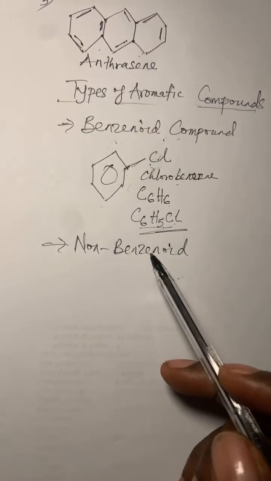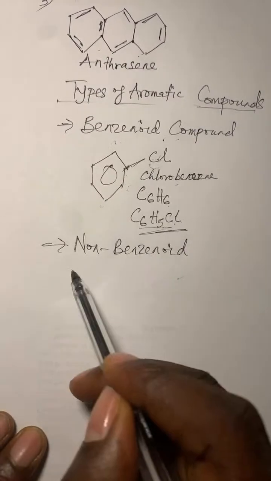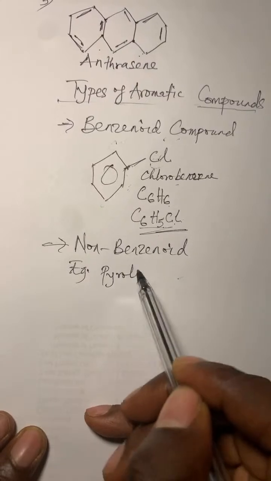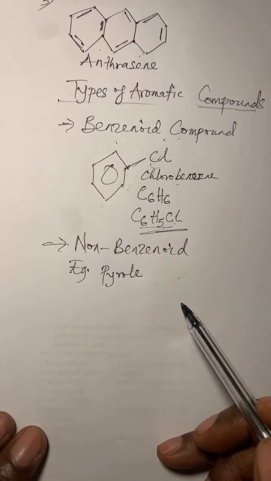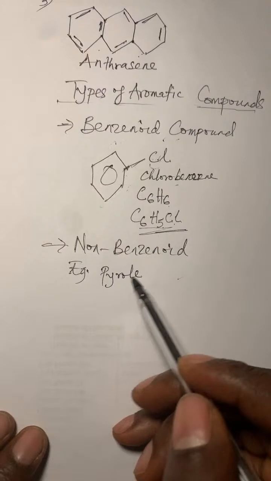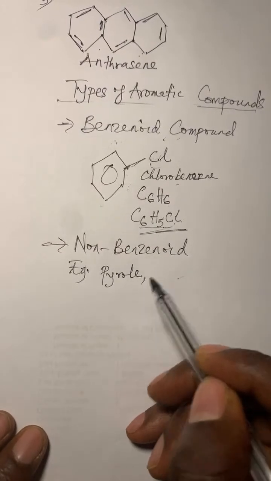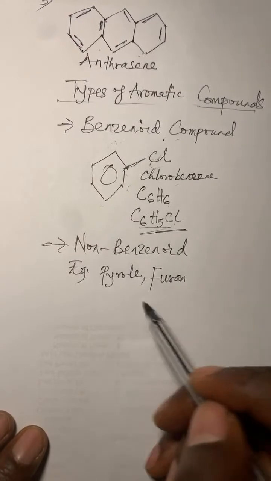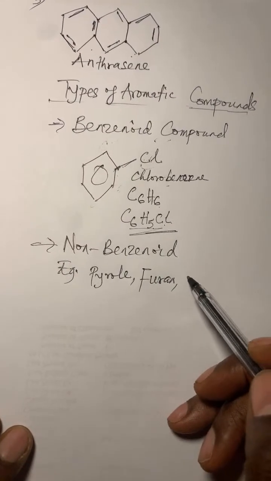An example of this is what we call pyrrole. Have you heard of this before? Please let me know. We have a lot of examples of them. Another one I can remember is furan. And there's another one, what's the name of that?